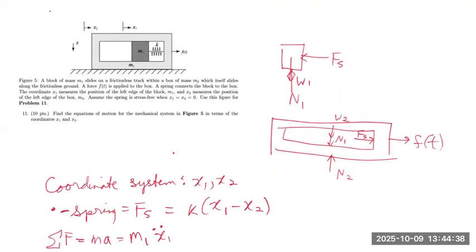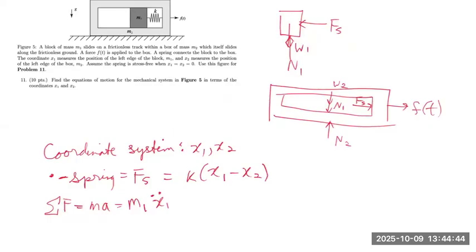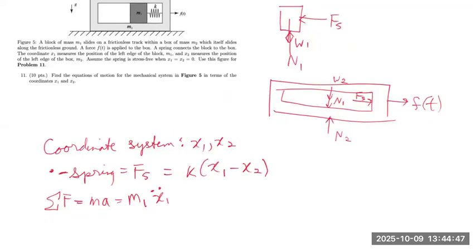And this motion is basically pointing in the opposite direction as the spring force, so it's equal to negative Fs. This is actually going to be equal to negative k(x1 minus x2).